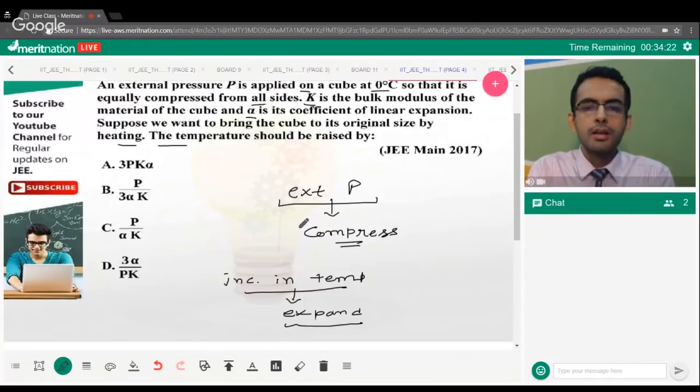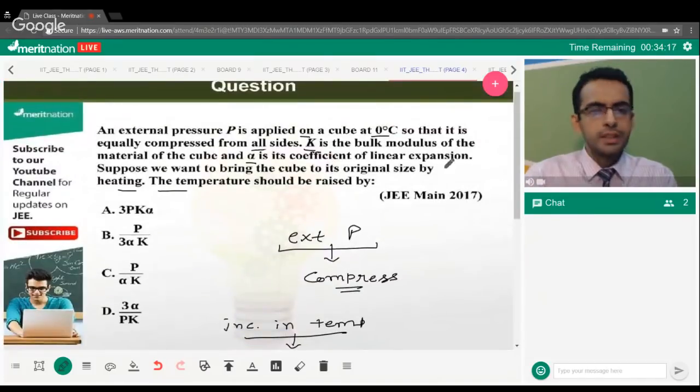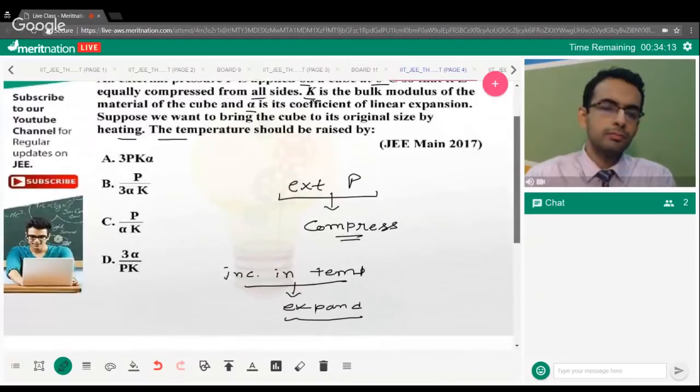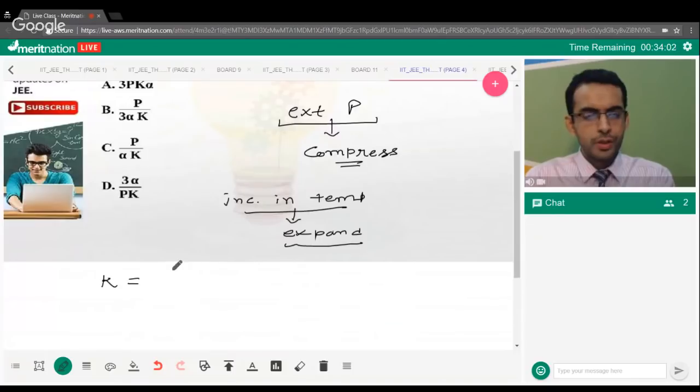In the chapter on elastic properties of matter, you must have learned about bulk modulus. What is bulk modulus? K is the bulk modulus. It's equal to volumetric stress by volumetric strain.